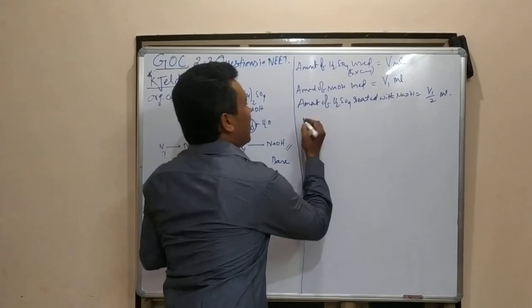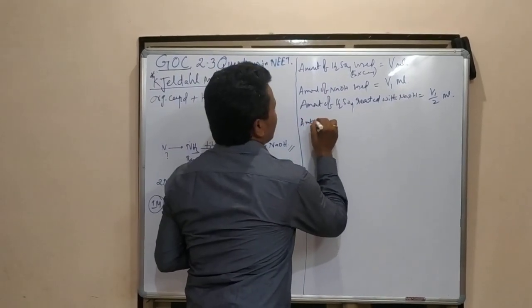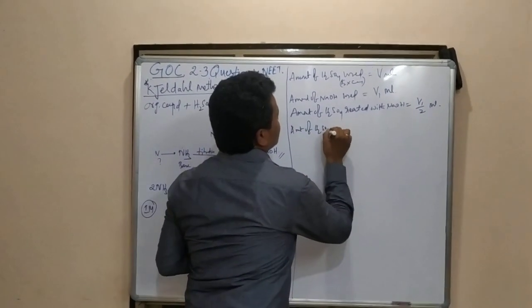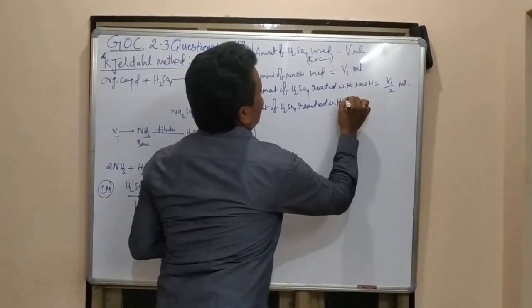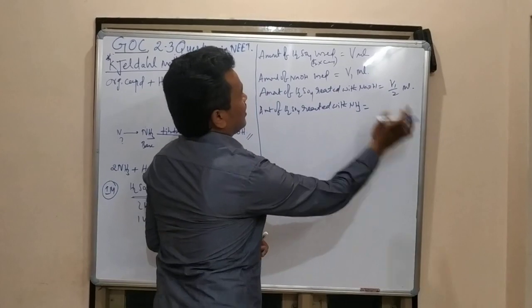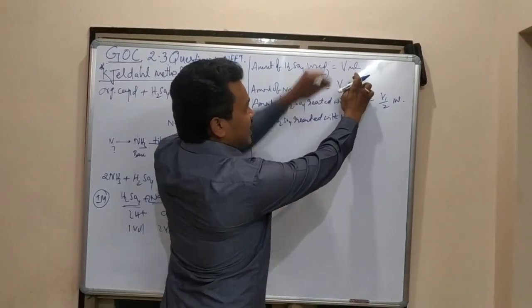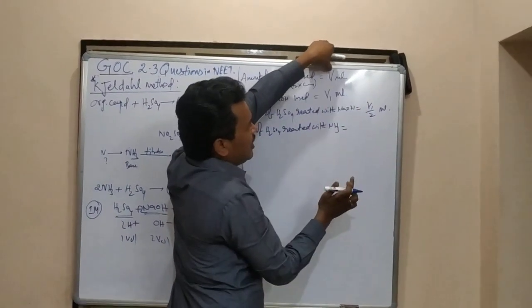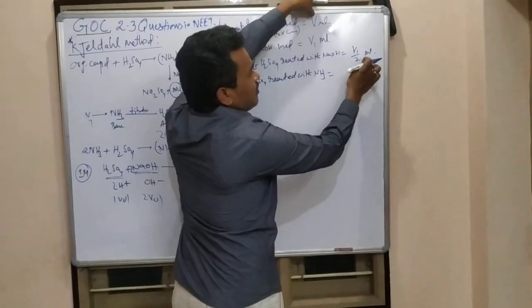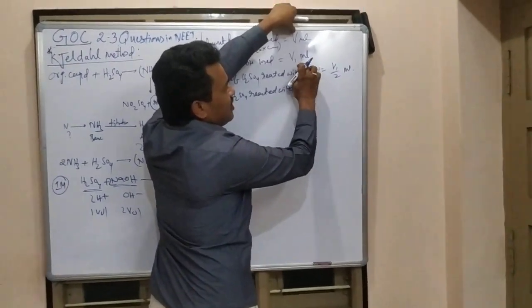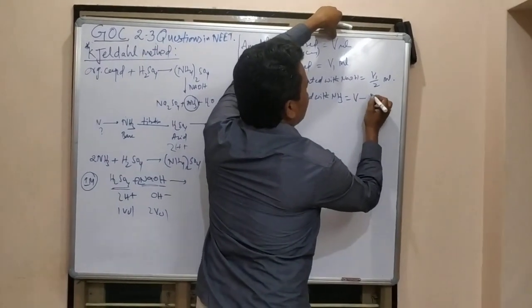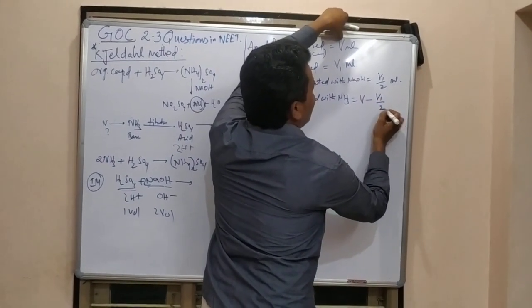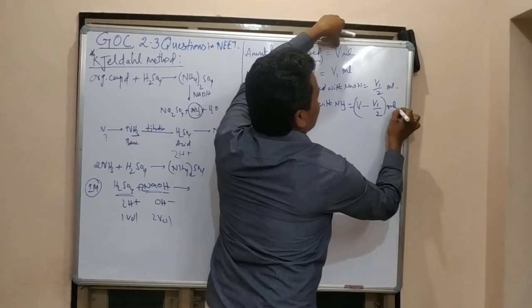And based on that, amount of H2SO4 reacted with ammonia. This much H2SO4 you are using in this V ml. How much? V1 by 2 H2SO4 reacted with the sodium hydroxide. How much remaining? V minus V1 by 2 ml.